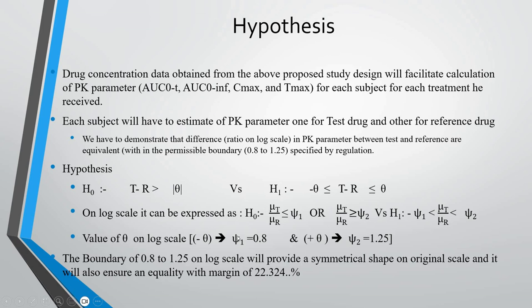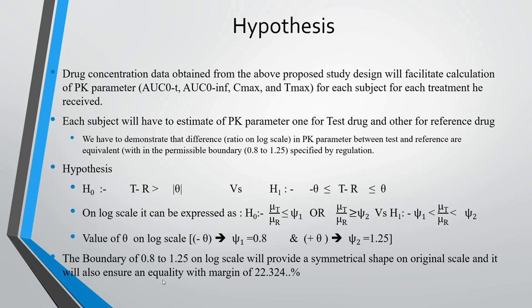Once converted to the log scale, suppose the average PK parameter test-by-reference ratio is less than psi 1, or it is greater than psi 2. That's my null hypothesis, versus the alternate that it is in between. So this value of minus theta on the log scale is what shows the dissimilarity and similarity.